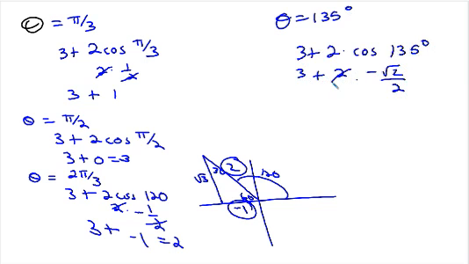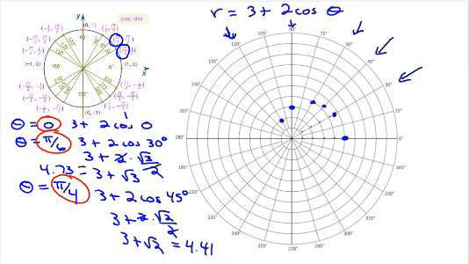So that's going to turn into 3 minus the square root of 2, which is going to be a decimal again. 3 minus the square root of 2 is 1.58 approximately. That gives me an idea of where to put it on the graph. So I use the 135, 1.58 is about there.